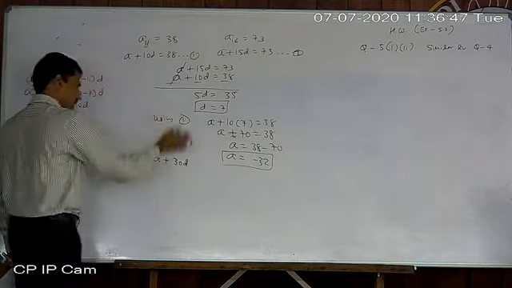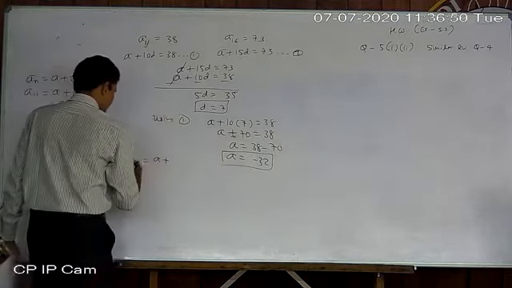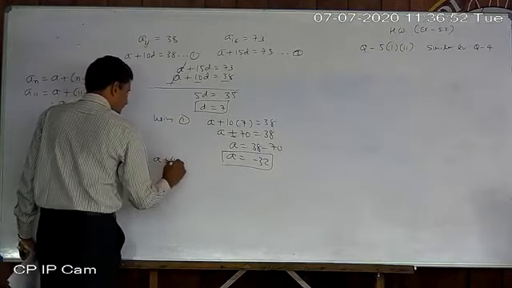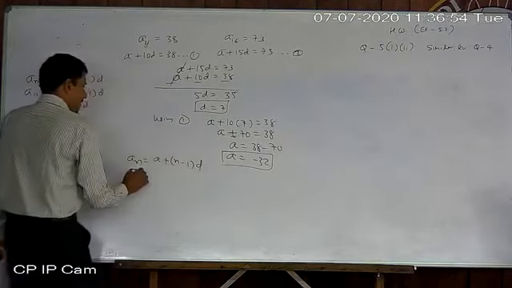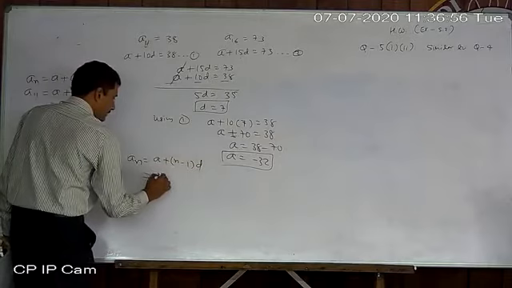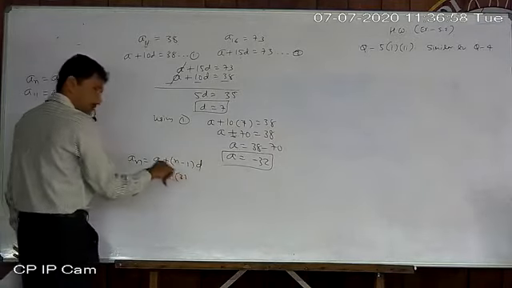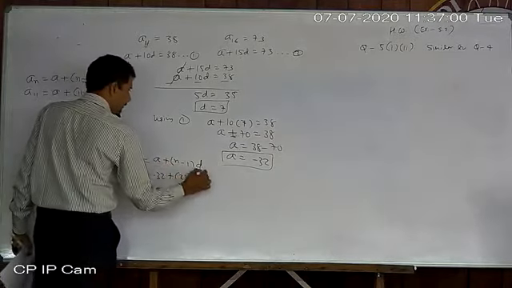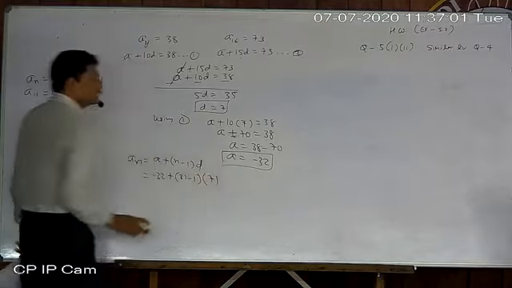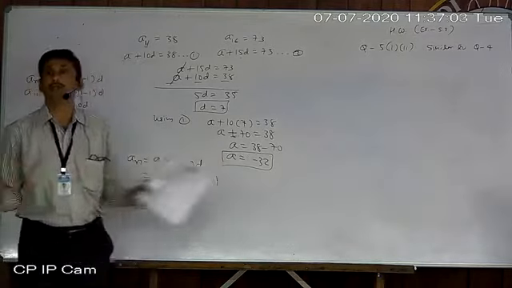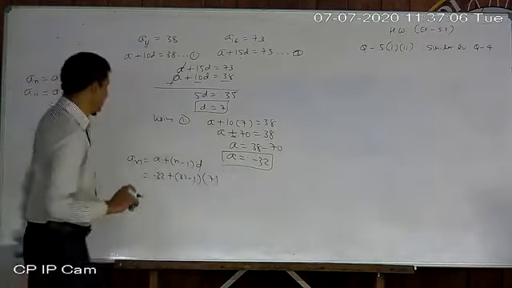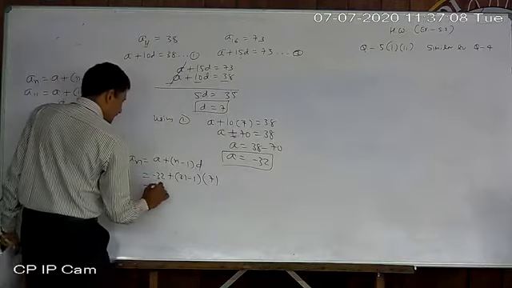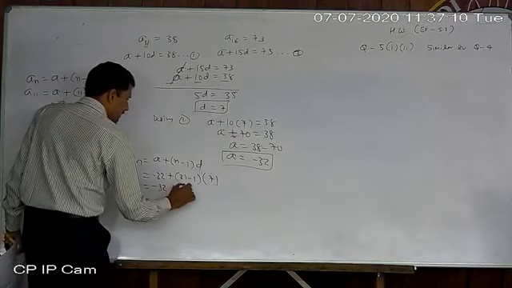Otherwise write down that an equals a plus n minus 1 d. Now n is given, 31. d we found. So after getting a and d you can find anything. So it is minus 32 plus 30 into 7.